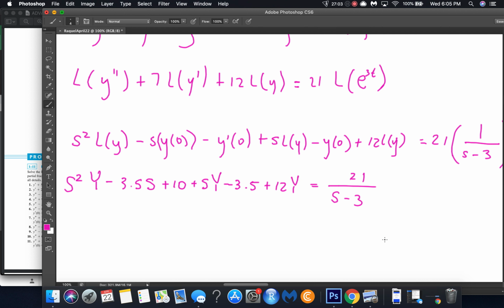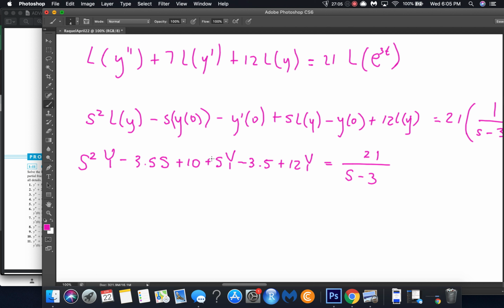Cool. Now we can add these numbers in. So it's going to be s squared Y plus sY plus 12Y. Now, since this one does not have a Y, I can move it to the other side. And the 10 minus 3.5 also, I'm going to move those two. So it's going to be 21 over s minus 3 plus 3.5s.